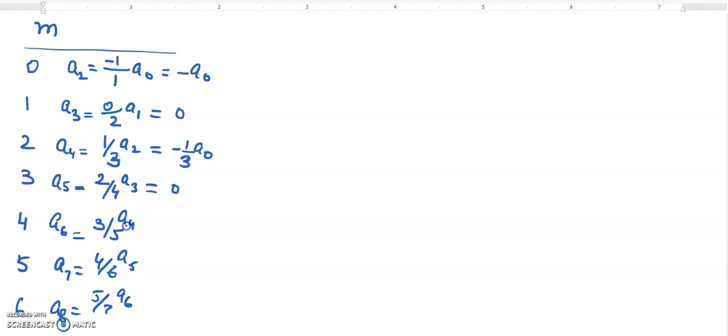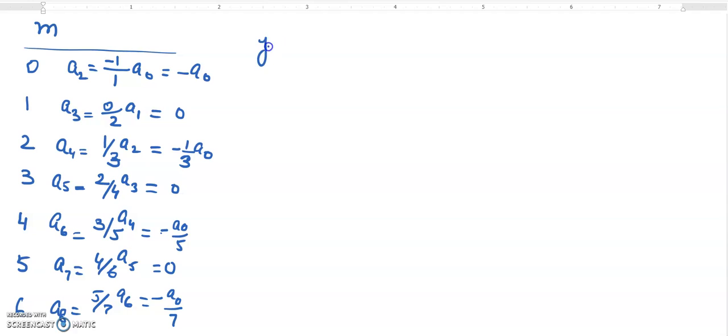And then 3/5 of a4, where 3 cancels with 3, and because it was minus and then minus, it will be minus a naught over 5, and then this will depend on a5. a5 was 0, so it is 0, and then again 5 will cancel with 5, so it will be minus a naught over 7.